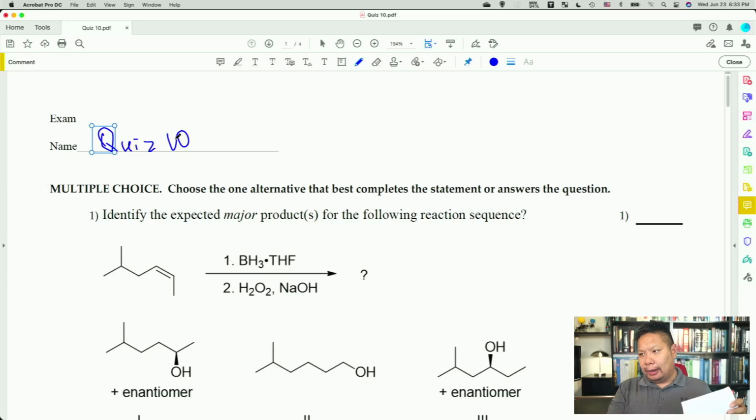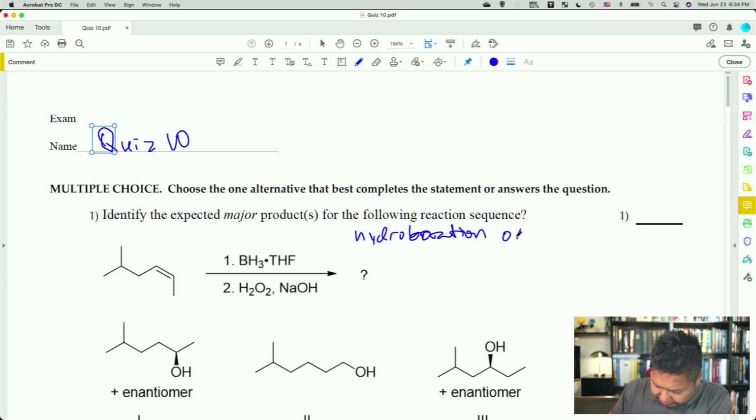Whenever you see a boron trihydride, just like that, I always call it a boron trihydride, but it's a borane, right? That's actually a hydroboration oxidation reaction.